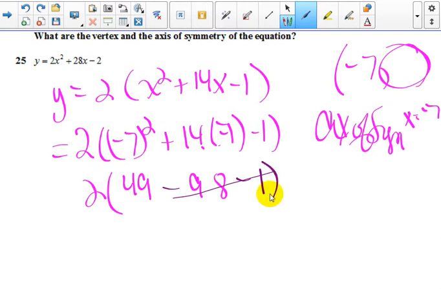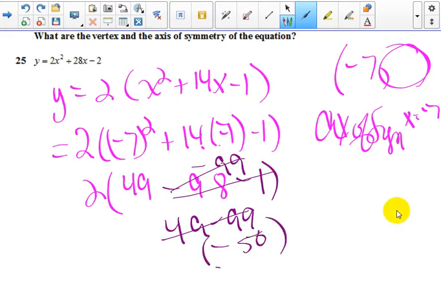So we've got -99 plus 49. 49 minus 99 is just -50. And each time we're multiplying by 2.